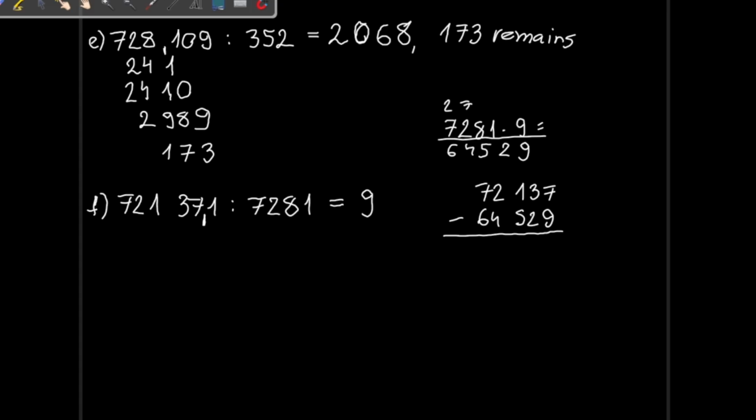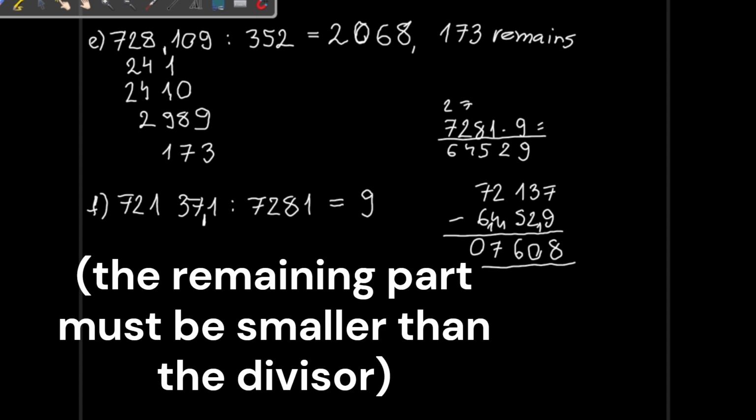Let's see. No, whatever it means, it must be smaller than this. So we have 8 here, 0 here, 6 here, and then we have once again 7 here, 0, 7, 6, 8, which is bigger. So we made a mistake somewhere.